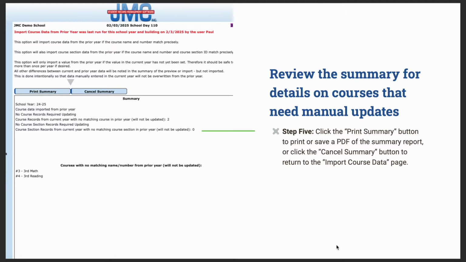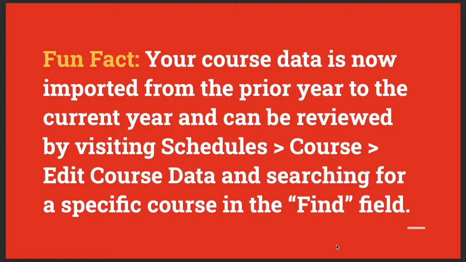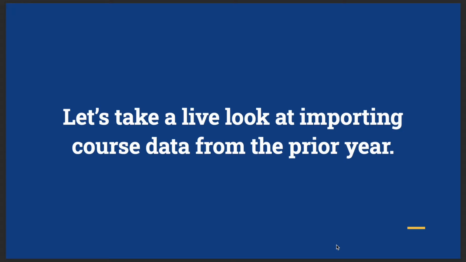Step 5, click the Print Summary button to print or save a PDF of the summary report, or click the Cancel Summary button to return to the Import Course Data page. Fun fact, your course data is now imported from the prior year to the current year and can be reviewed by visiting Schedules, Course, Edit Course Data, and searching for a specific course in the Find field.